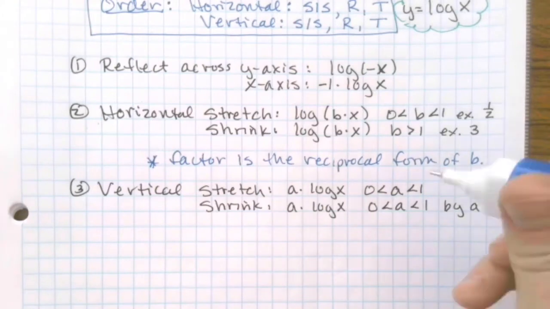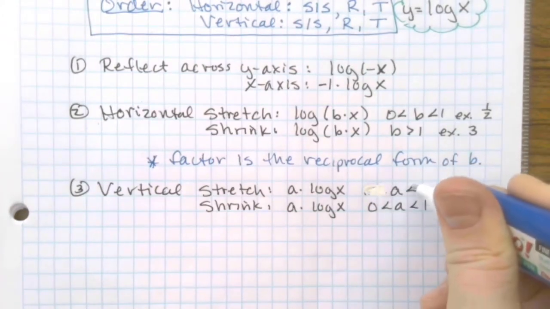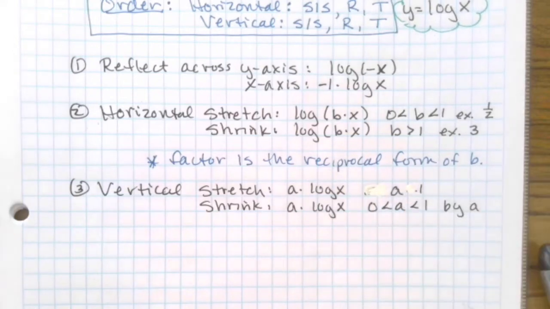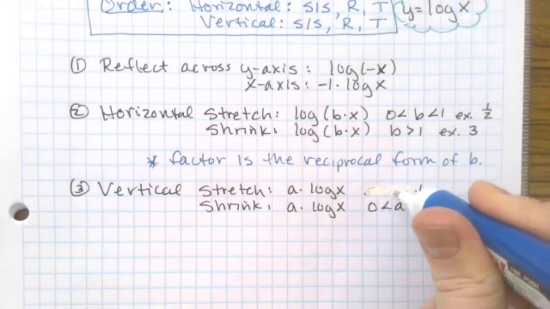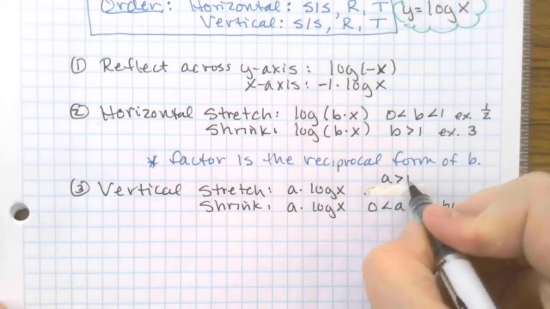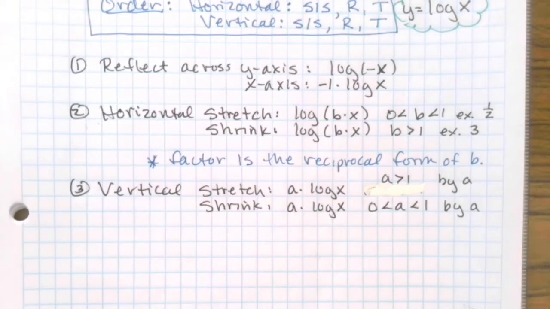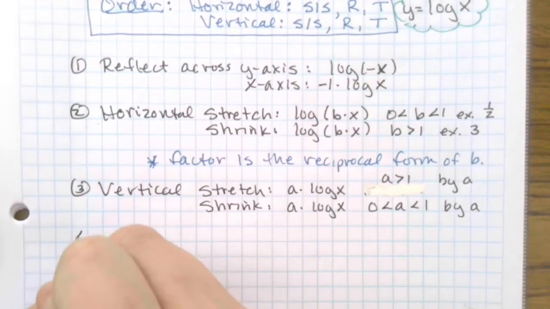If a is greater than 1, it's a stretch, again, by a factor of a. What you see is what you get. So same rules as what we've been doing. Reflect, stretch, and of course translation is the same.